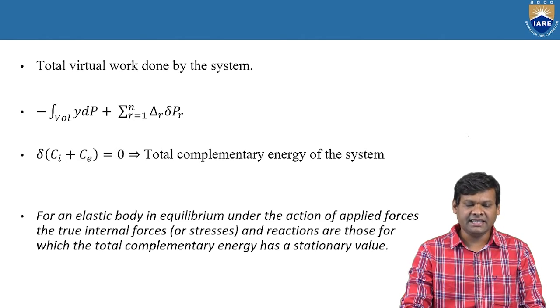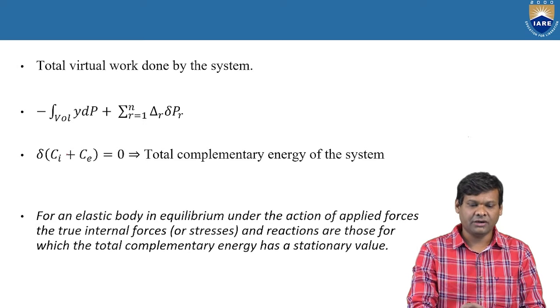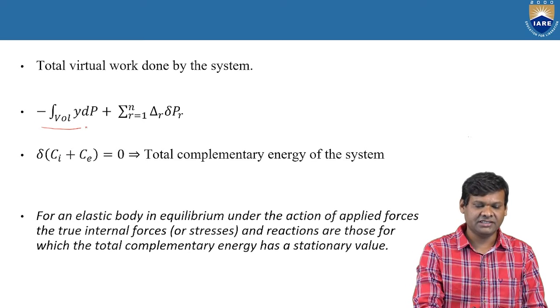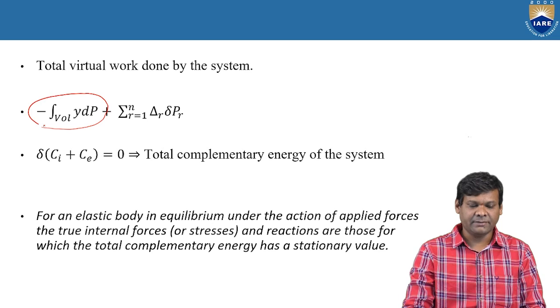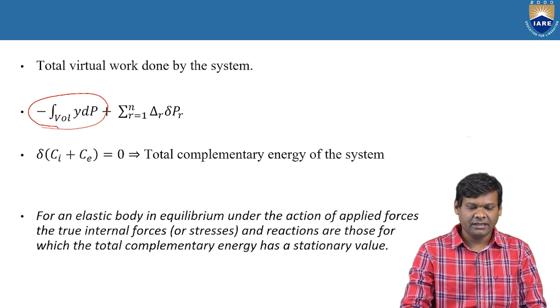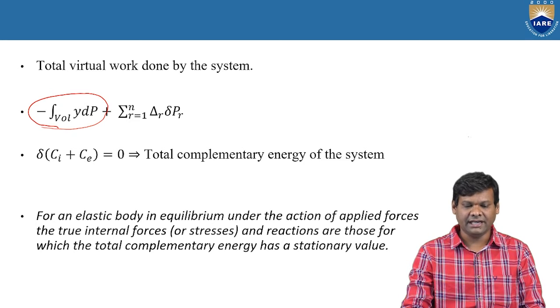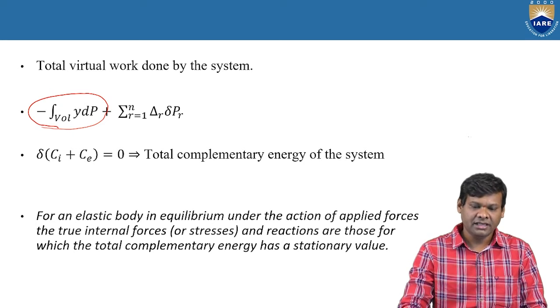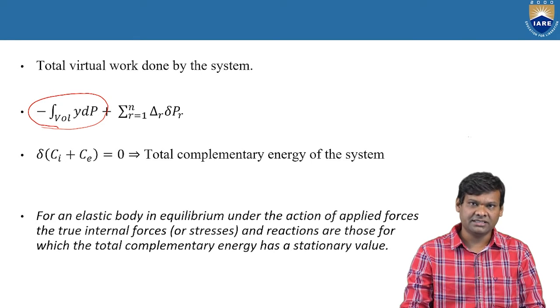Here delta is a small variation, and Ci is because of internal forces, which is given by this equation, minus integral over volume of y dp, and Ce is because of external load, which is given by the sum over r equal to 1 to n of delta r and pr. Here you might have identified what this r is.